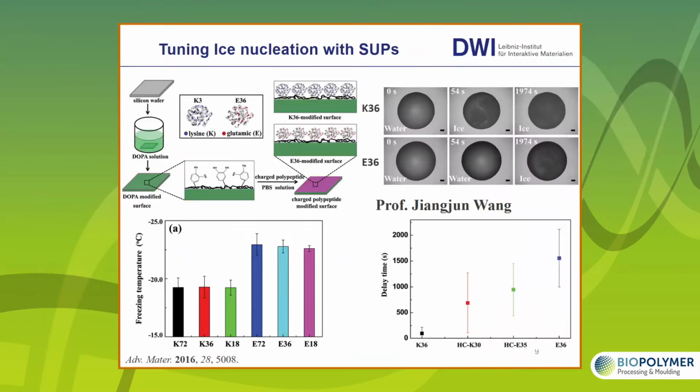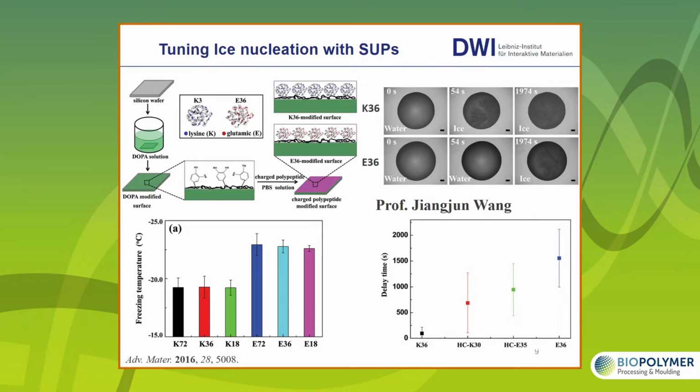Let's start with supercharged polypeptides on a surface. Here we have placed differently charged, so positive or negatively charged variants on a surface, and then we investigated how this polypeptide coating influences the freezing temperature of water on the surface.